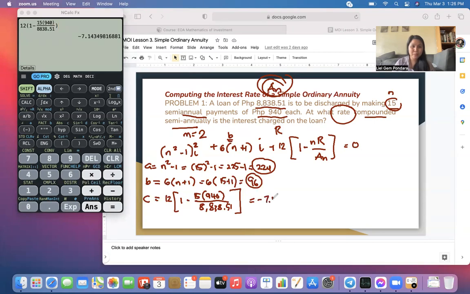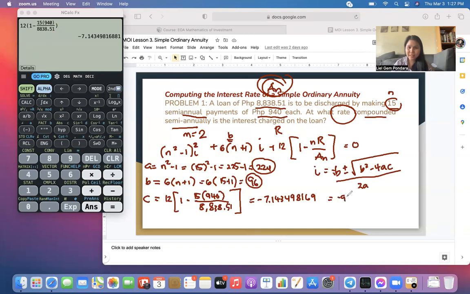Negative 7.143498169 in the book. So once you have your ABC, let's solve for the quadratic using the quadratic formula. The I is equal to negative B plus and minus square root of B squared minus 4AC over 2A.